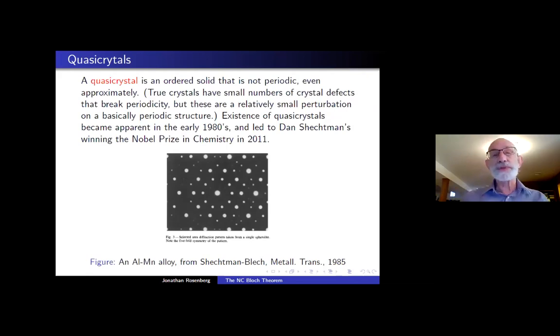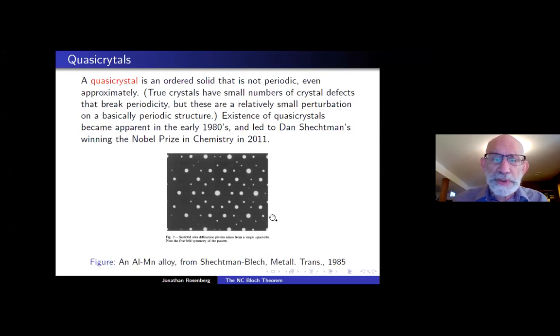Now, true crystals, as you know, are not 100% periodic because they have small crystal defects, but that's a kind of minor perturbation on the structure. But quasi-crystals are not periodic in any sense. They were first discovered back in the 1980s, and they were recognized in the Nobel Prize in chemistry, which went to Dan Schechtman in 2011.